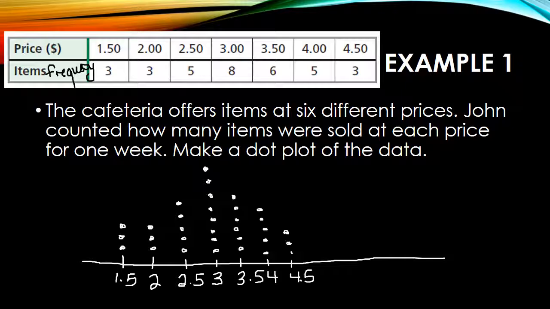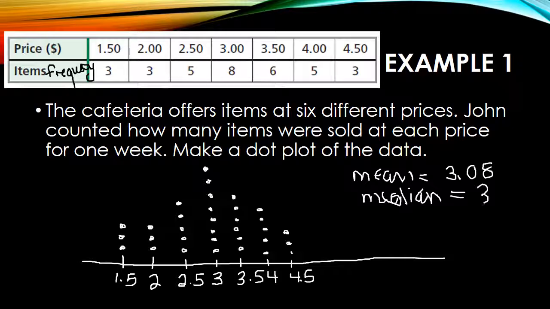Now, if we try and calculate the mean and the median, just like how I showed you last time using the calculator, we'll find out that the mean is 3.08, and the median equals 3.